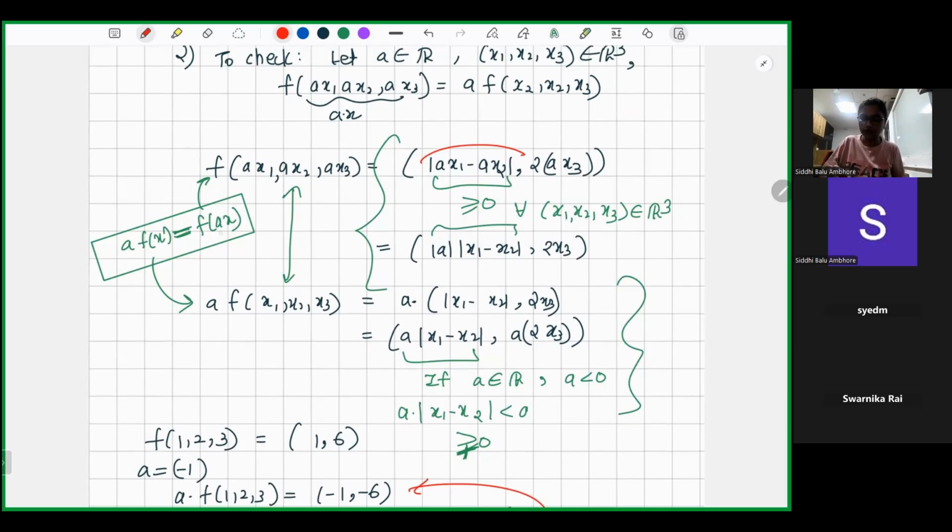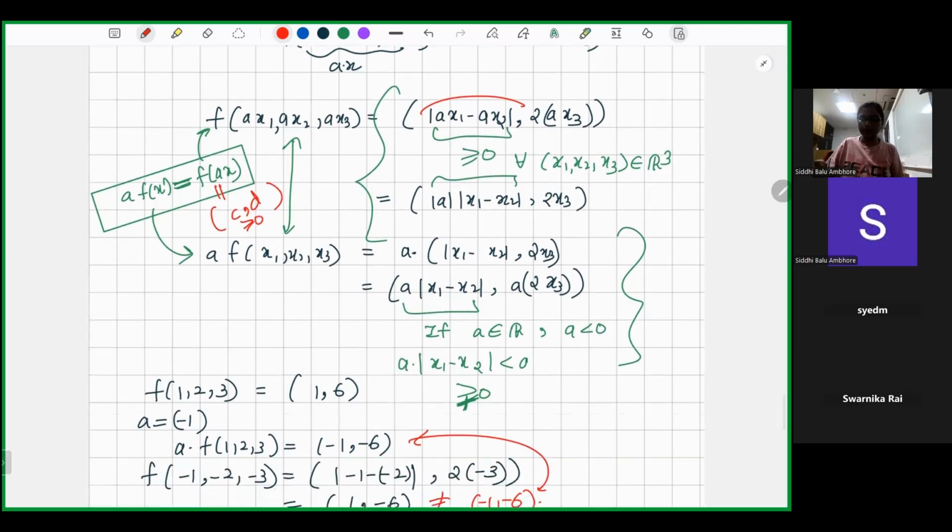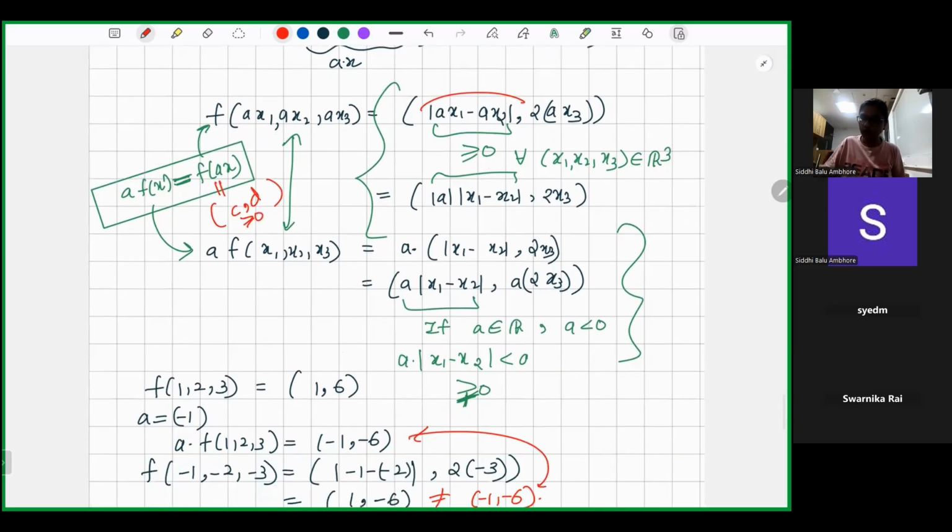So f of ax, whatever it is, will be some c comma d. c will always be non-negative, the way f is defined. But if I take a negative, then this becomes less than or equal to 0.